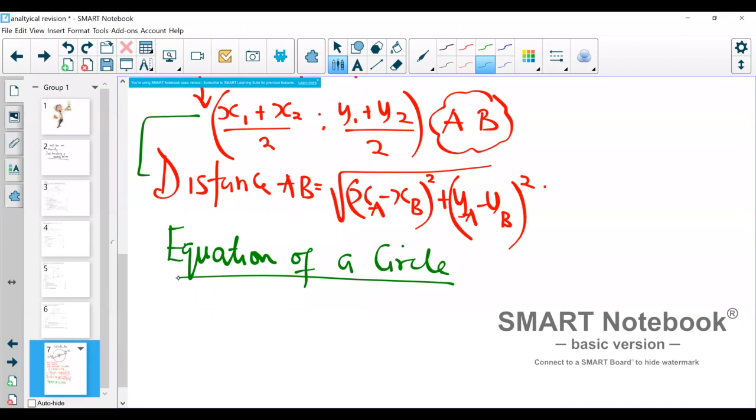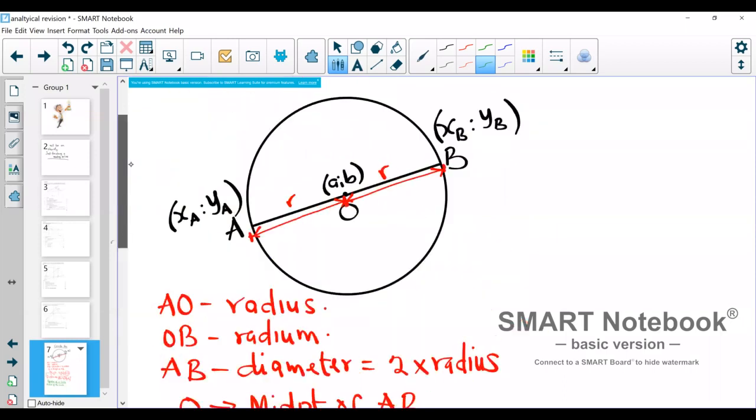Remember your distance formula? We just wrote it right now on the board. Now, what is my radius? How would I get the radius of the circle? Using the distance formula.